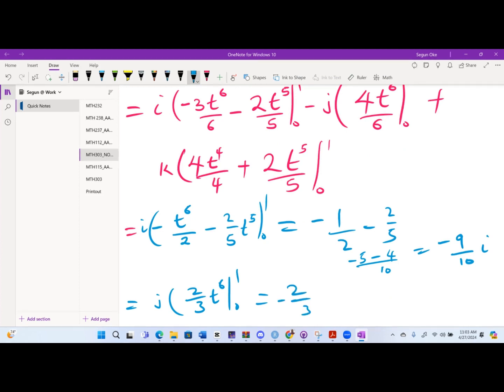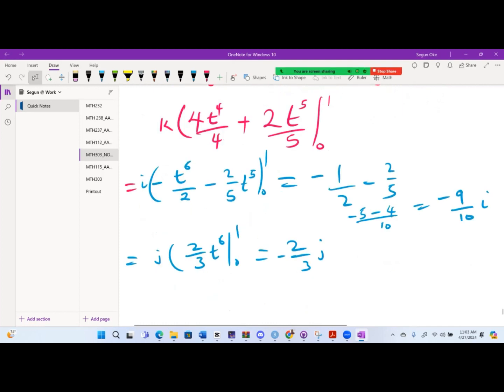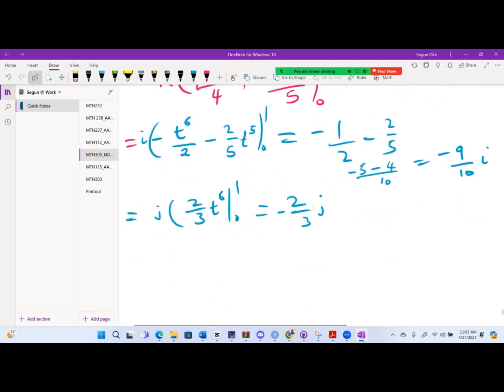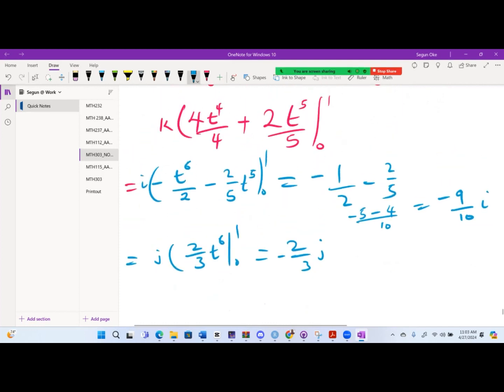Negative 2 over 3 J. Don't forget. Then the last but not the least, we have K. Our K will be t raised to power 4 plus 2 over 5 raised to power t over 5.